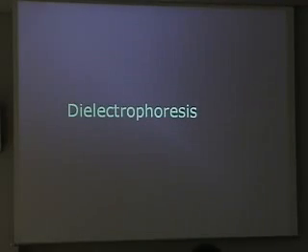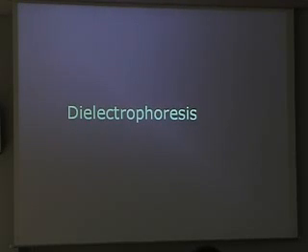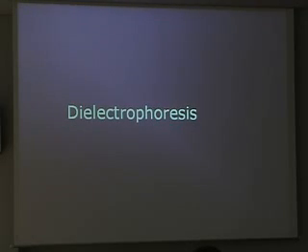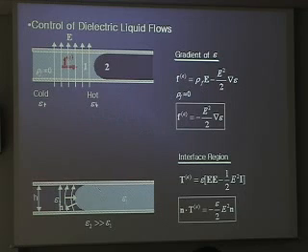Using about 5 minutes, I'm going to talk about dielectrophoresis. So compared with electrophoresis, in the dielectrophoresis case, we are using the polarized dipoles. Okay. So we must apply a very strong electric field.